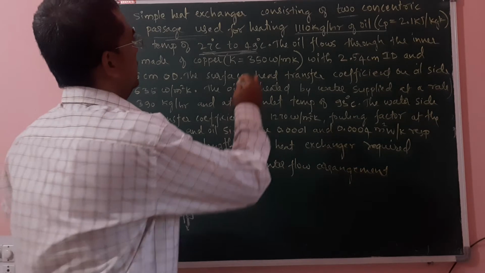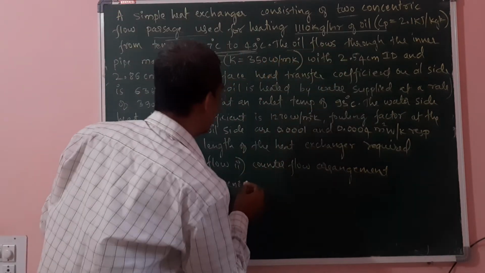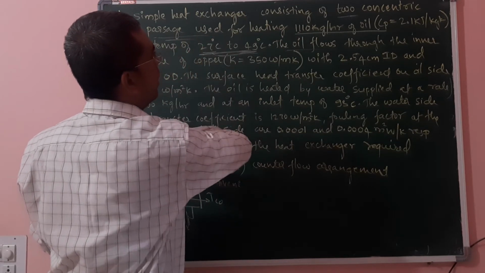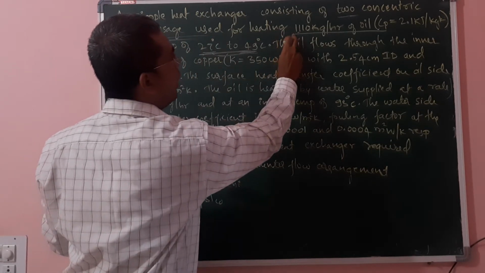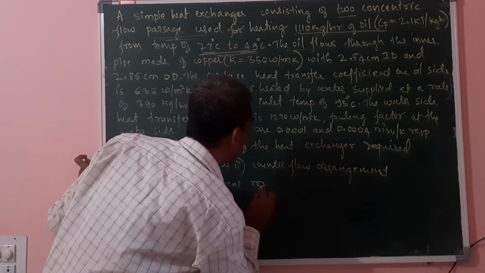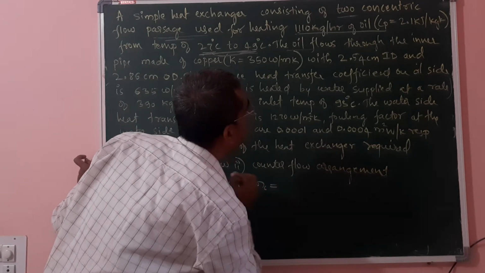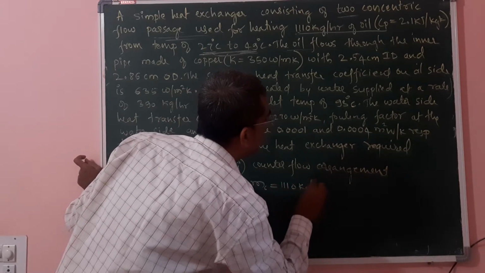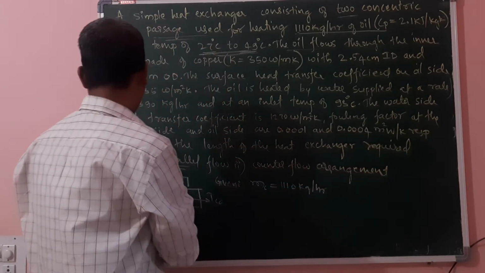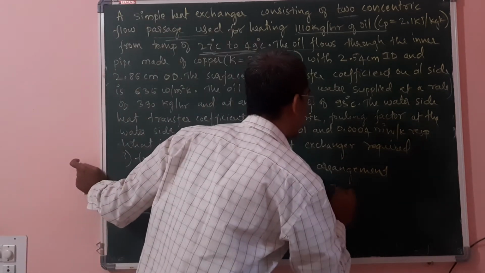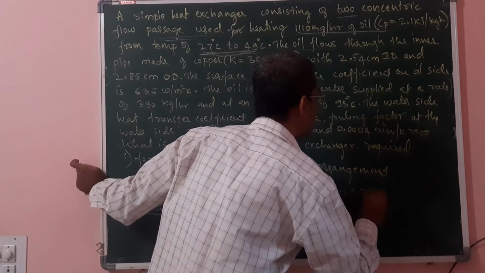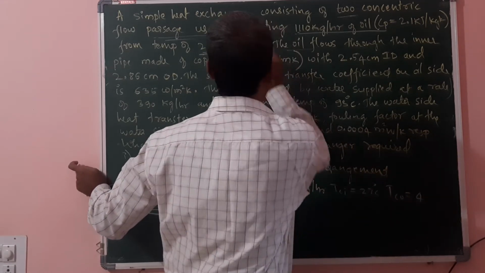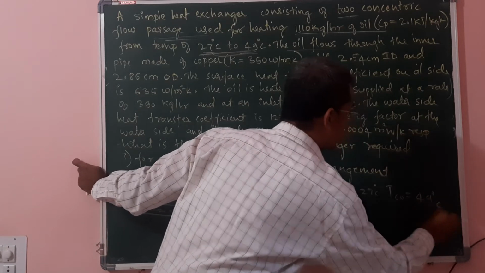The oil flow rate, that is mass flow rate of cold fluid, MC, is 1110 kg per hour, and cold fluid inlet temperature TCI, that is oil inlet temperature, is 27 degrees Celsius. TC0 is 49 degrees Celsius.